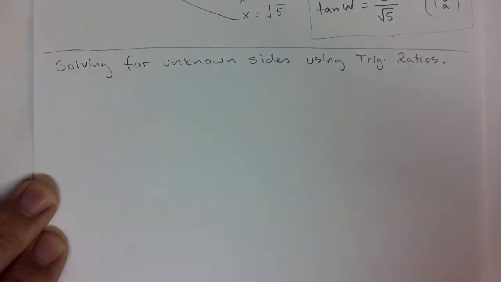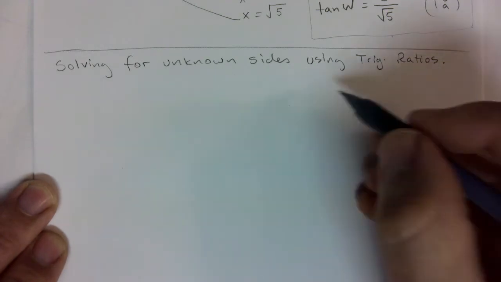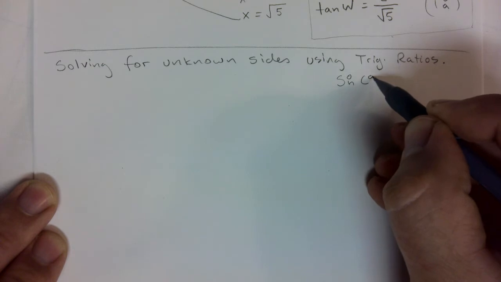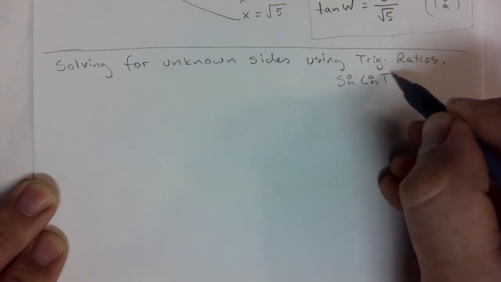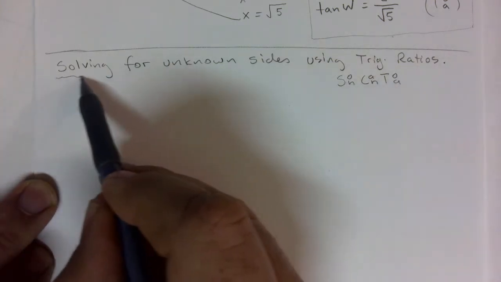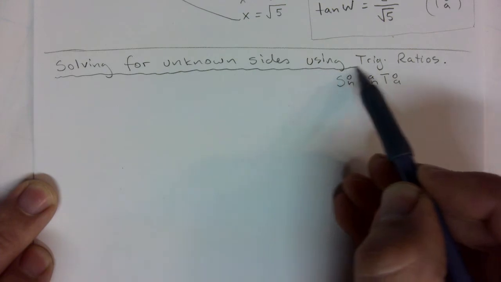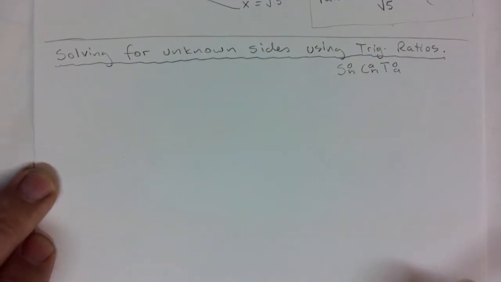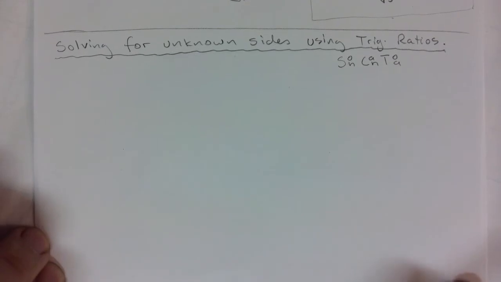And when you see trig ratios, you know we're talking about sine, cosine, and tan. So solving, this is the title. We learned how to solve for angles yesterday, and today we're going to learn how to solve for unknown sides using trig ratios.